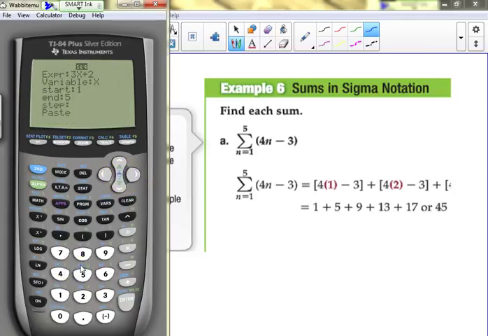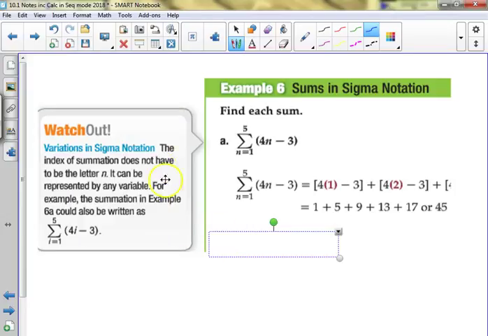Sum and then sequence. And then I would put it in 4n minus 3, variable n. I want terms 1 through 5, counting by ones, which you can leave blank. And then it would add them up and give you 45. But I'll turn it back on. I forgot that that was disabled on some of them.